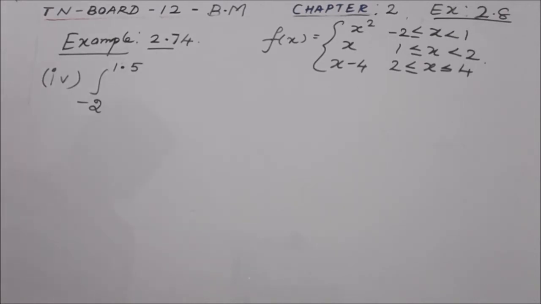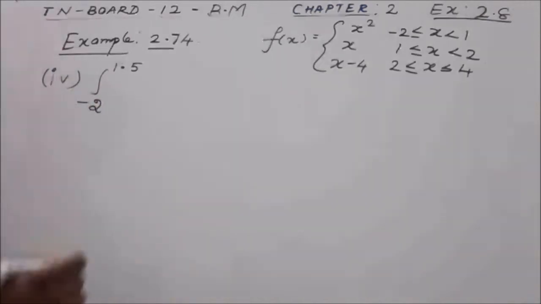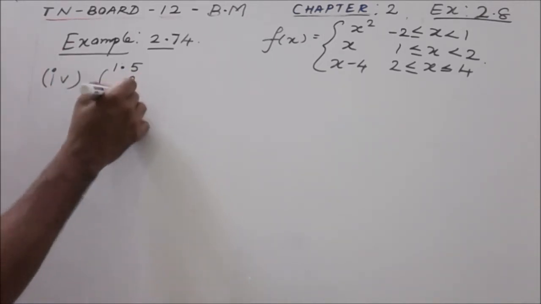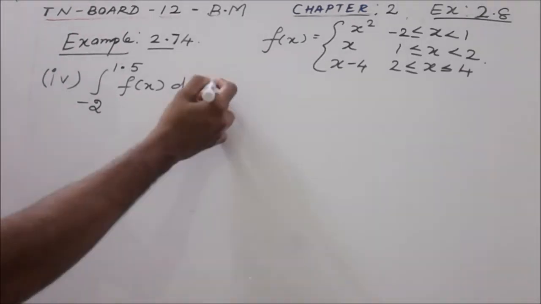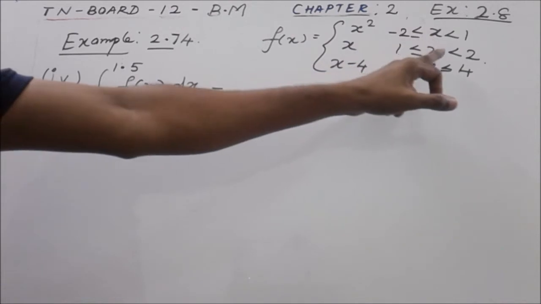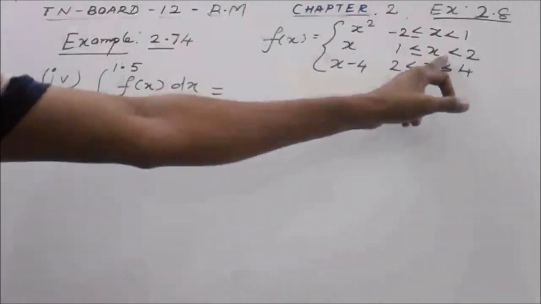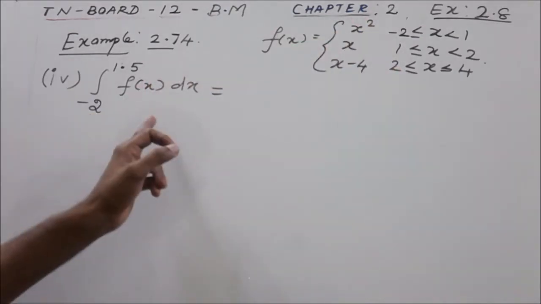Next, fourth subdivision, integral minus 2 to 1.5 f of x dx, which starts from here and ends in the middle of 1 and 2. So there are two functions involved in it.